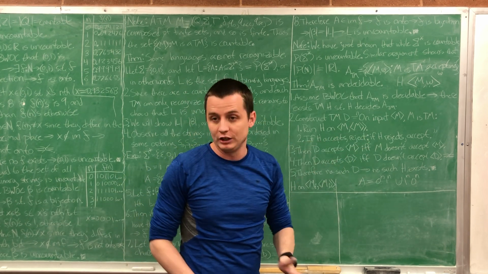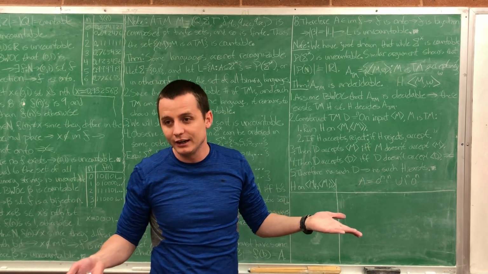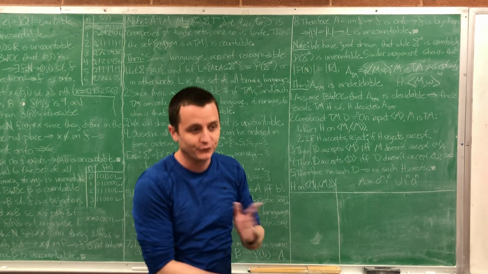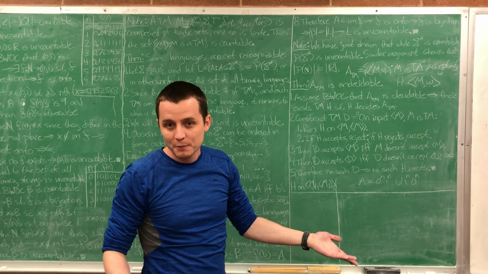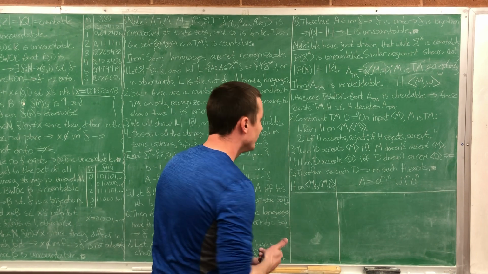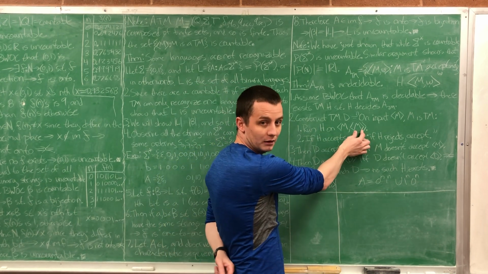Maybe M accepts all those strings, maybe it doesn't. Most likely M probably doesn't accept the string version of itself, right? But maybe by some freak coincidence it does happen to accept it. Who knows? So weird, right? So we're going to run H on M and the string version of M.